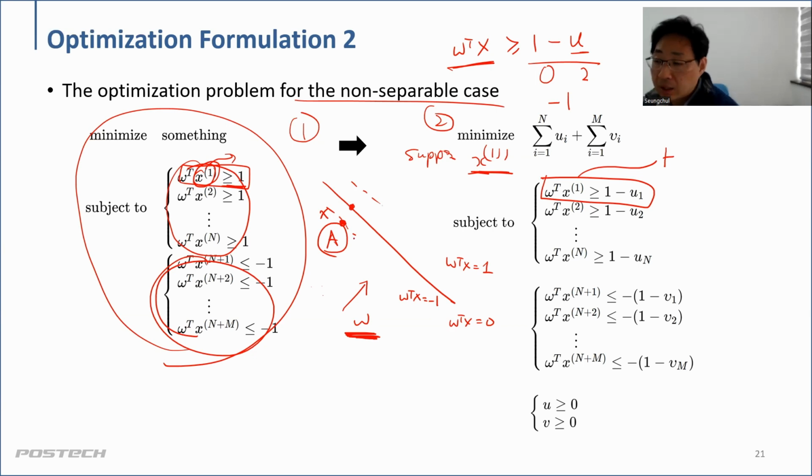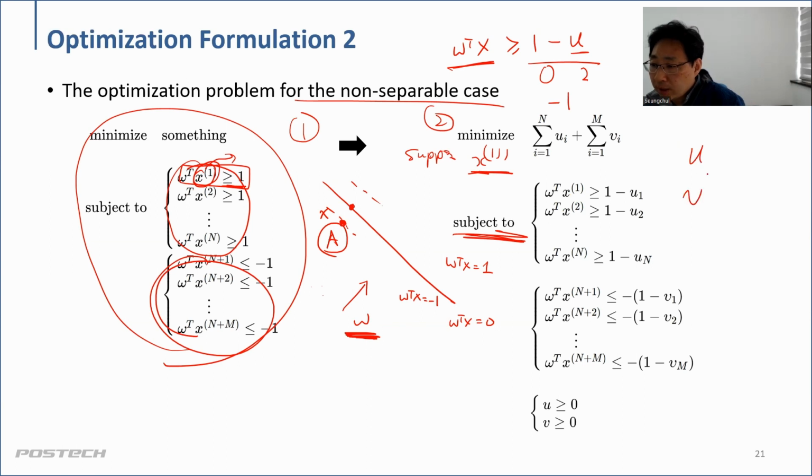So we can make this inequality satisfied by having the right values of U. Now we can say all the data points are going to satisfy these constraints.